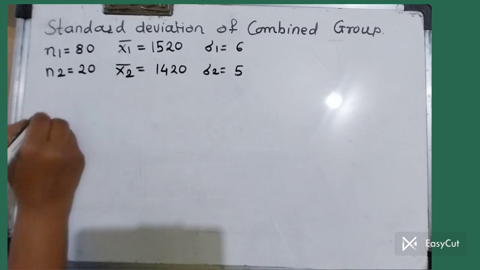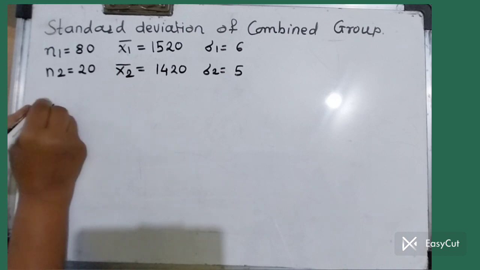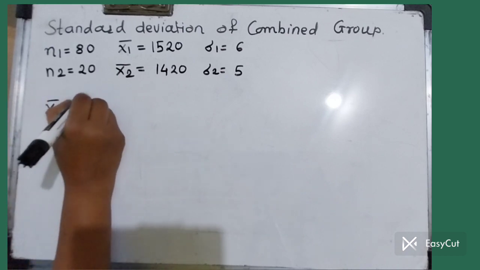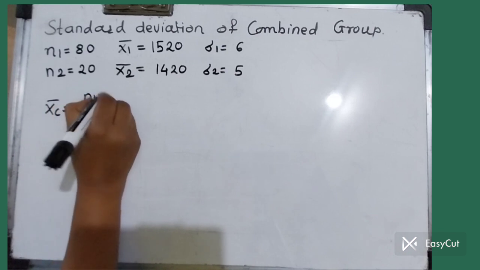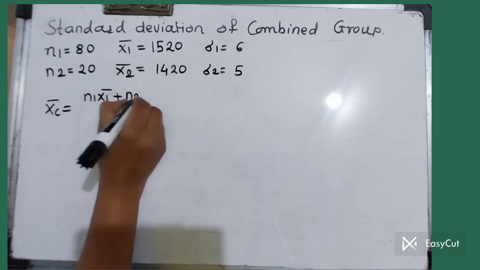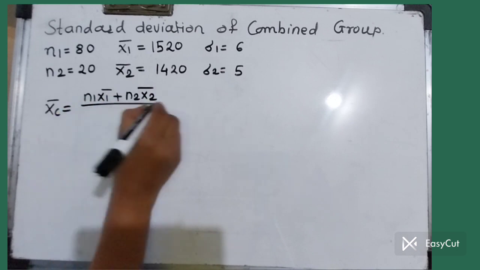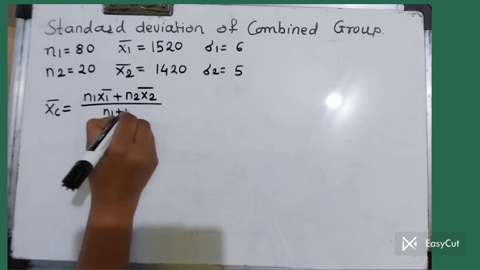First we find xc bar. How to find xc bar? n1 x1 bar plus n2 x2 bar upon n1 plus n2.